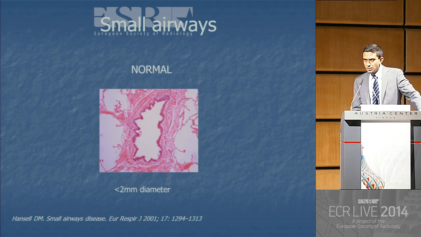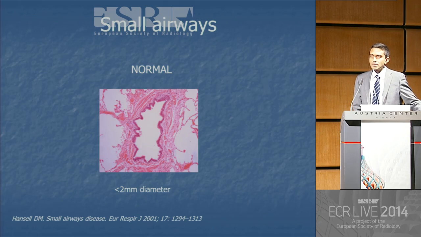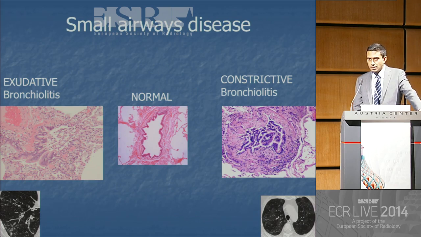So you've already seen this, but just briefly to revise before we go on to talk about specific small airways diseases. The normal small airways are less than 2 millimeters in diameter, and of course we can't see these terminal bronchioles on high-resolution CT unless they are diseased. And you can consider small airways disease as one of two sorts.